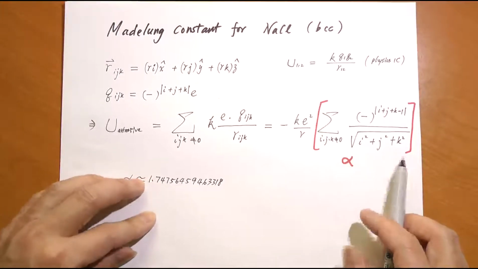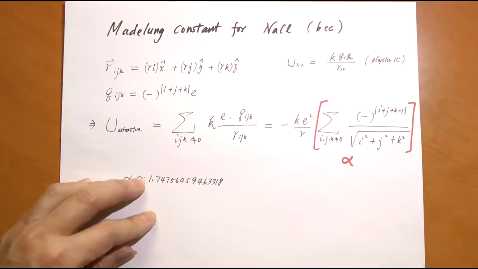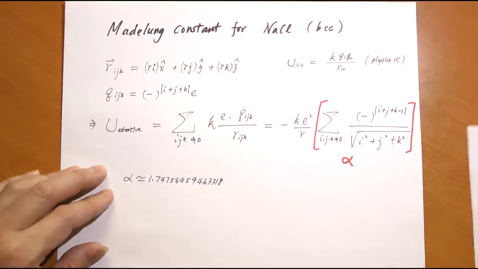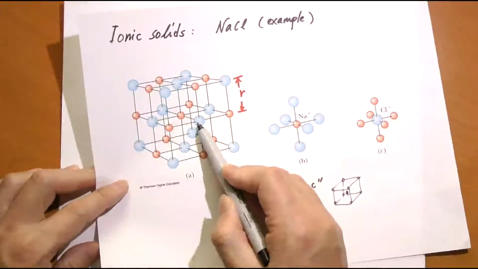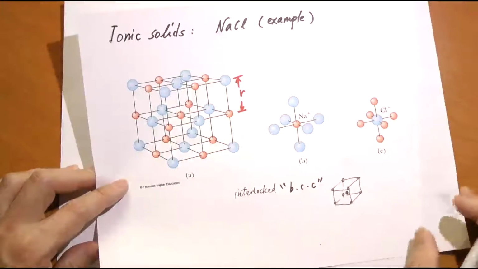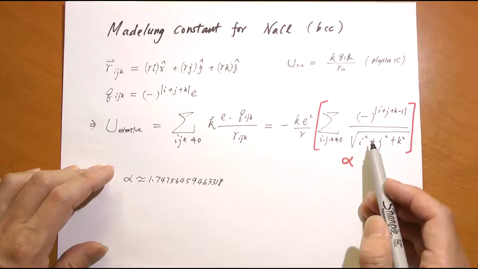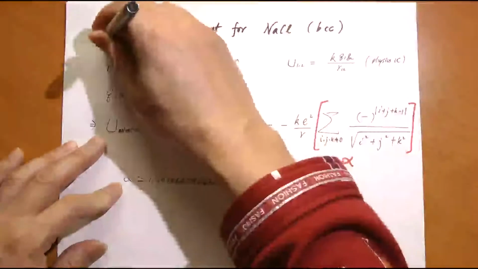This is because you're dealing with 1 over r, not 1 over r squared or 1 over r to the power of 6, which would converge rapidly. The Coulomb force is a long-ranged force. The force between this guy and this guy is strong, but the force even between this guy is also pretty strong, even between this one is relatively strong, and so on. So it's a long-range force contributing to the slow convergence of this constant, which we call the Madelung constant.